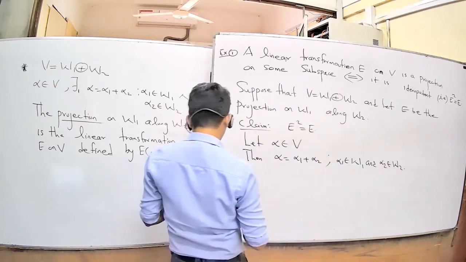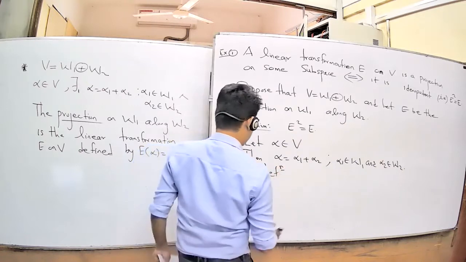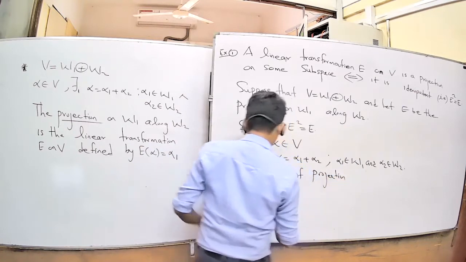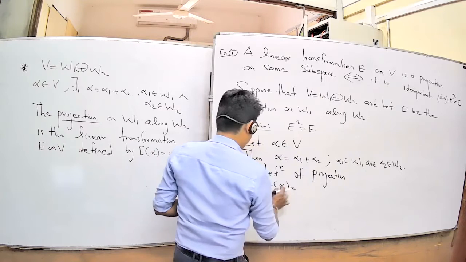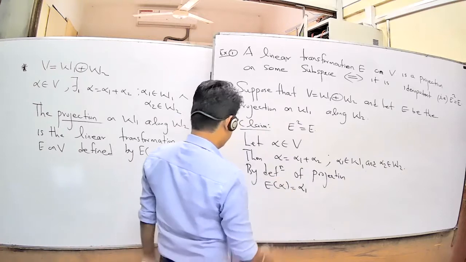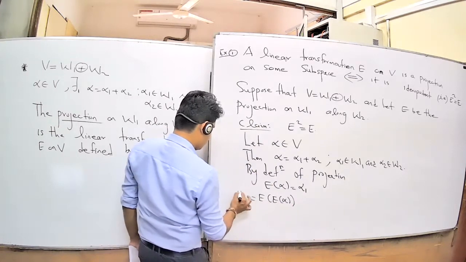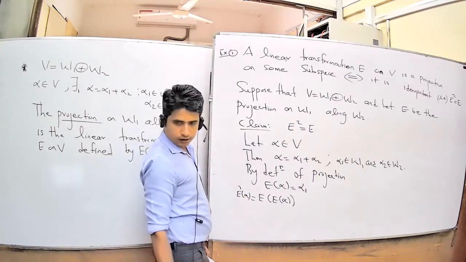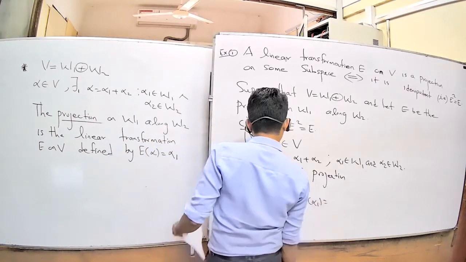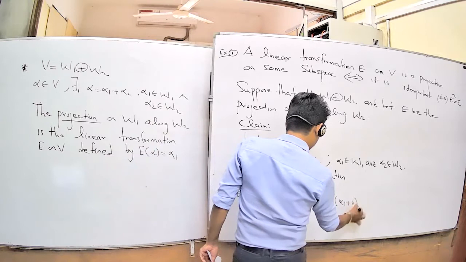By definition of the projection, E alpha equals alpha 1. Now we can apply E on both sides: E squared alpha equals E of alpha 1, and you can write alpha 1 as alpha 1 plus 0.